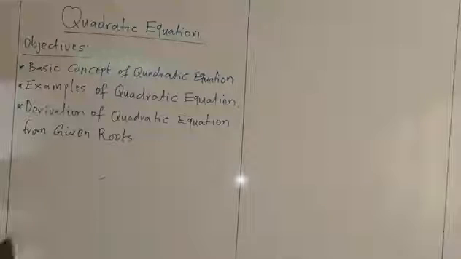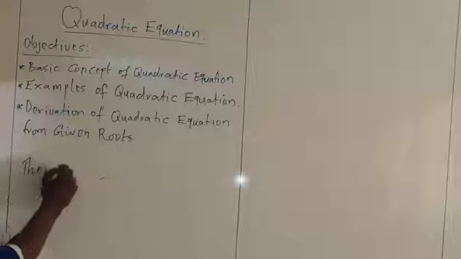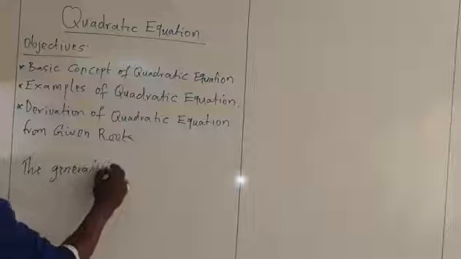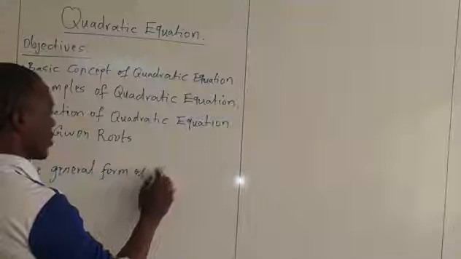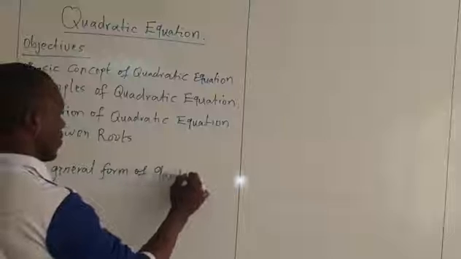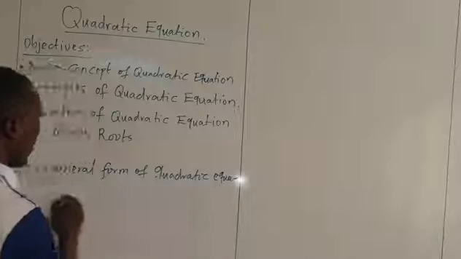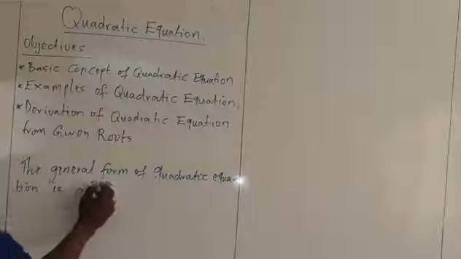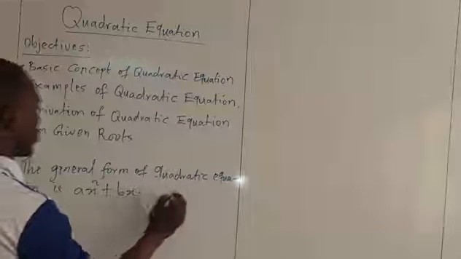So let me go by writing the general form. The general form of quadratic equation is a s squared plus b s plus c equals 0.